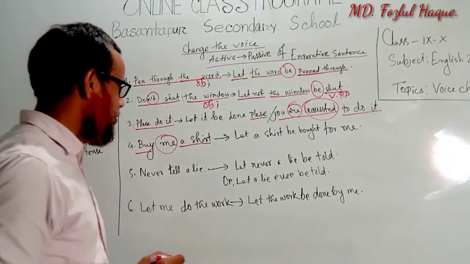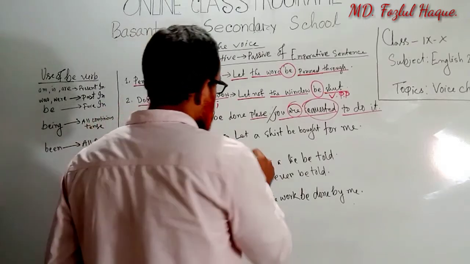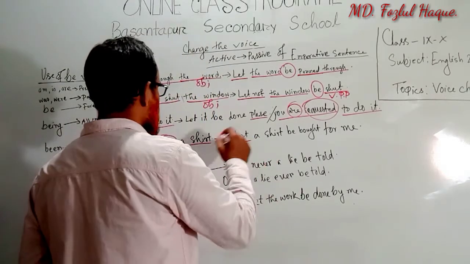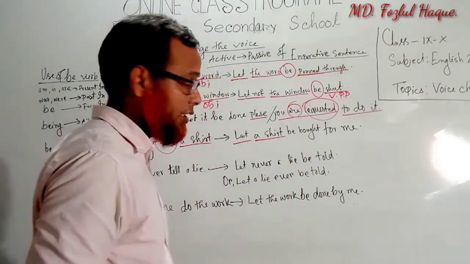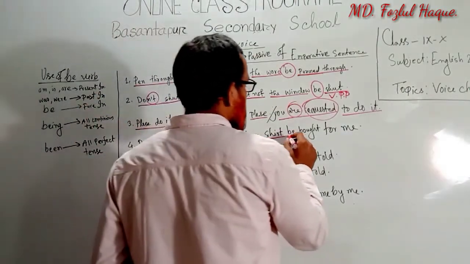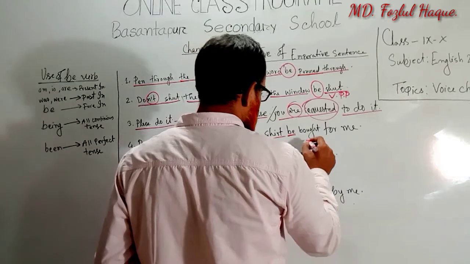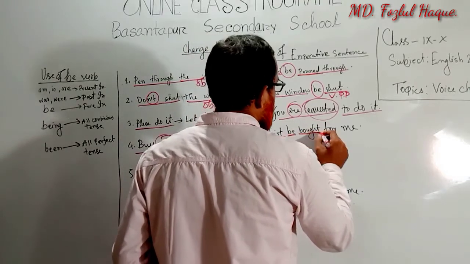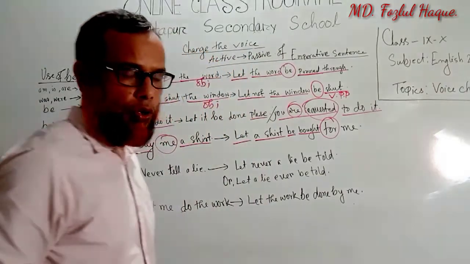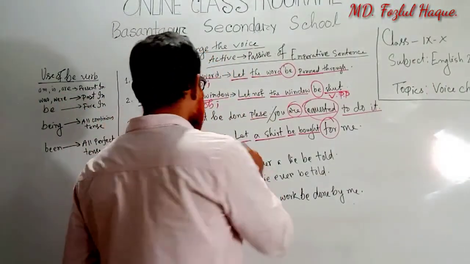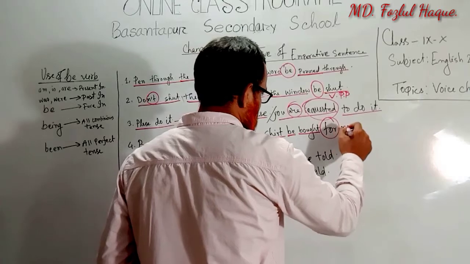what can we do? Let at the beginning, then the direct object should be taken. Then be is used for the passive of the imperative and the main verb in past participle form. Then we use for, then the indirect object.